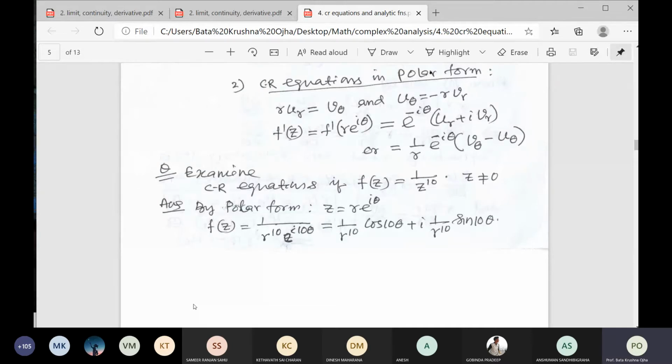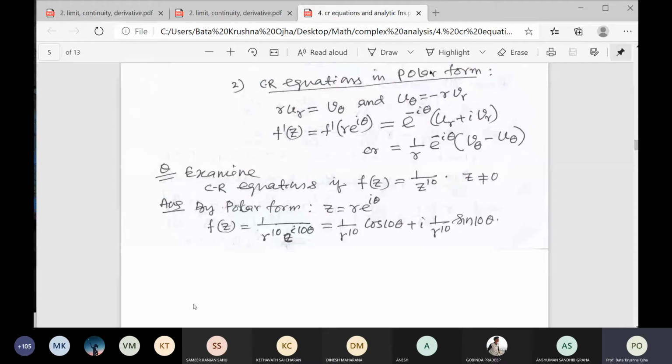If the exponent of z is 2, you can expand easily and do it. If it is 3 or 4 or 5 or onwards, you cannot express the function in terms of x and y. It is very difficult. So if the exponent of z is more than 2, always apply polar form.